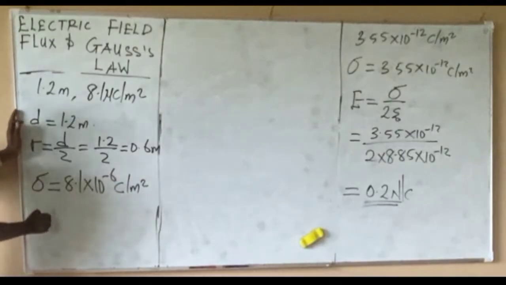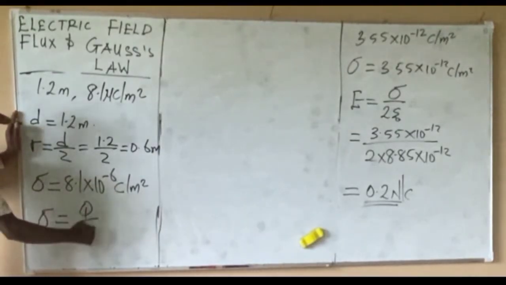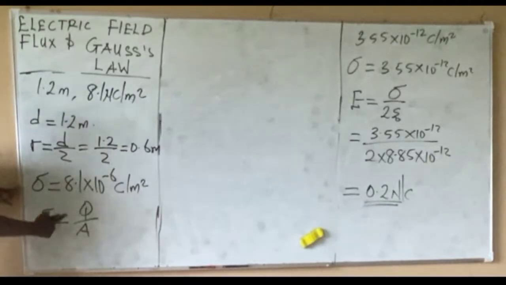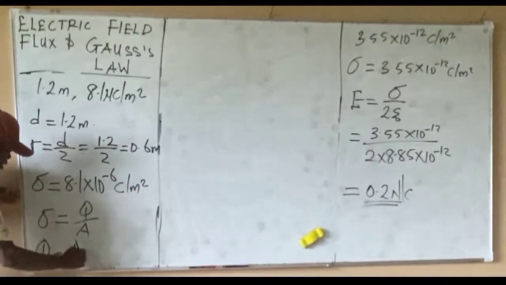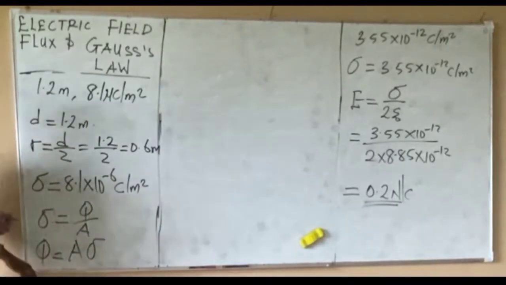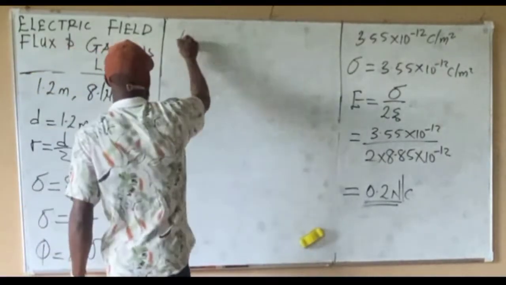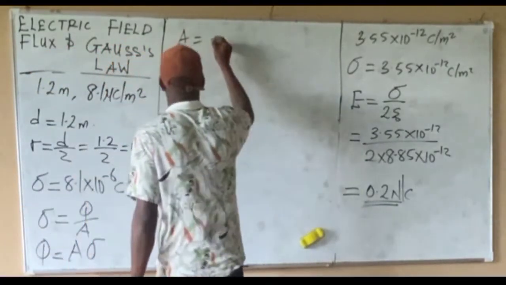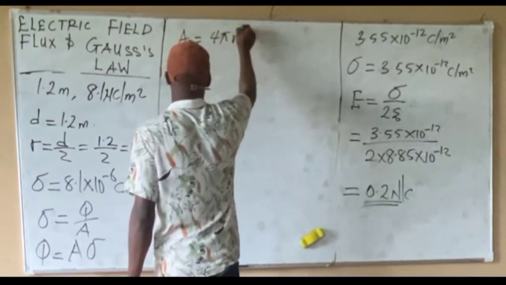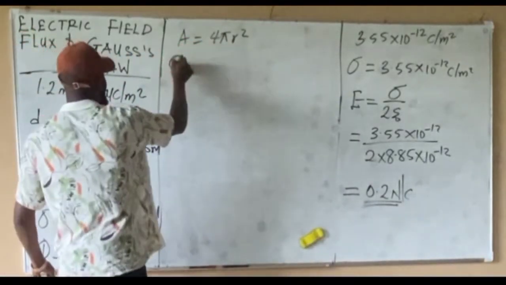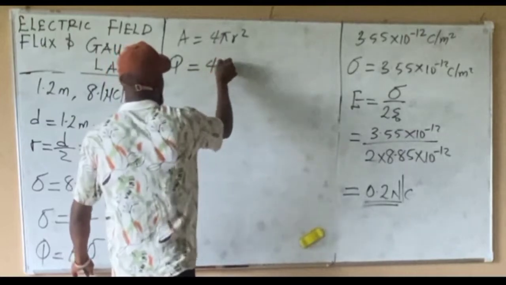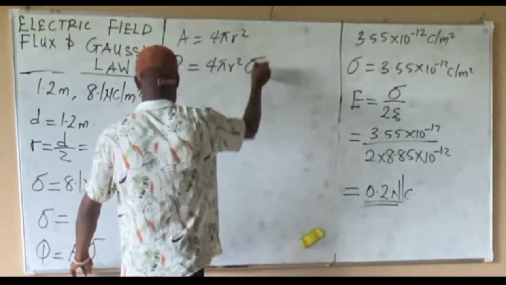Now we said area charge density is equal to charge over area. Then what is the charge on the sphere? The charge will be equal to area times area charge density. So what is the area of the sphere? For a sphere, area is equal to 4 pi r squared. Then our charge will be 4 pi r squared times sigma.